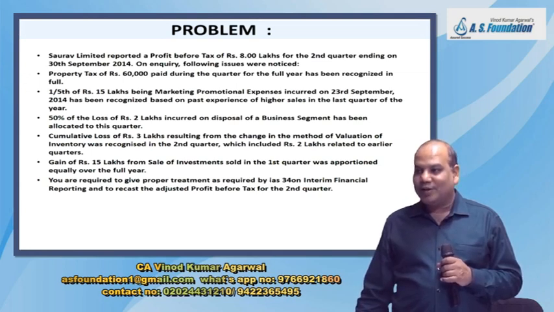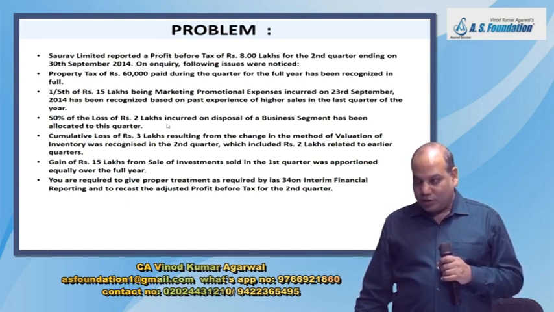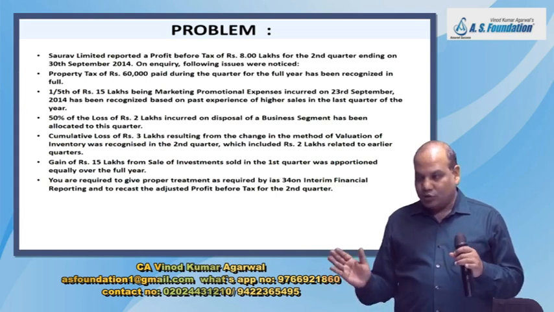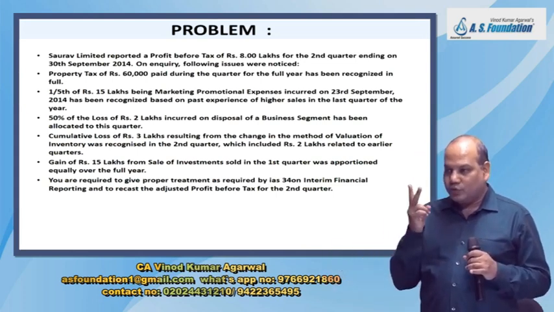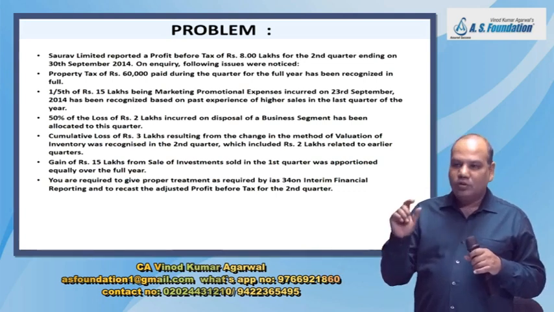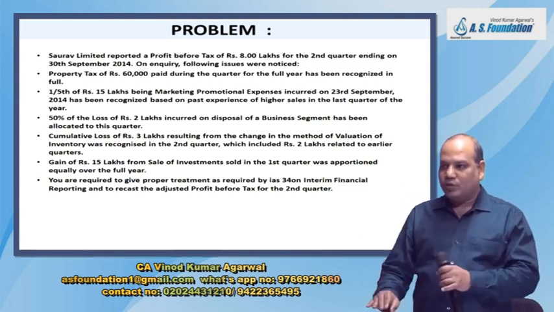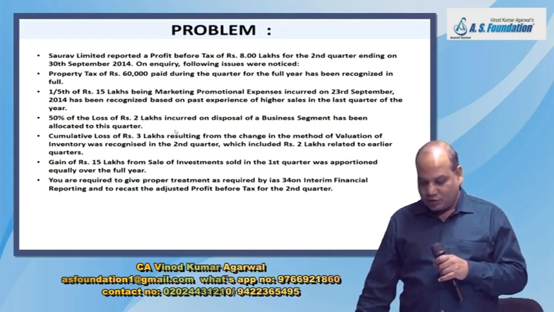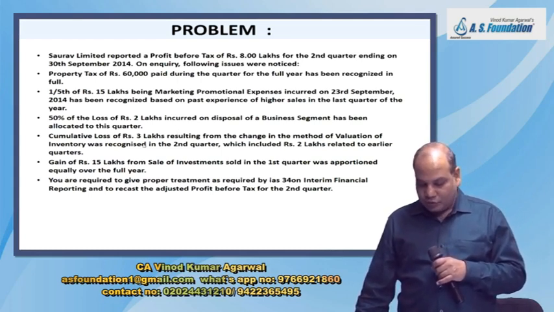But they have only allocated 50%. 50% of 2 lakh, 1 lakh. Add or less? Less. I should have recognized a loss of 2 lakh. And I have recognized a loss of only 1 lakh. So 1 lakh rupees got less charged, less 1 lakh.